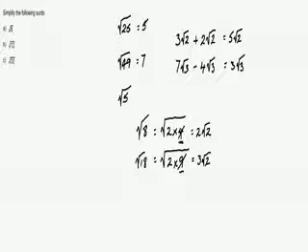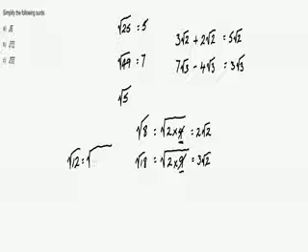Okay, so if we looked at this one, root 12, that will be the same as the root of something times something. So one of those somethings needs to be a square number. So like 2 times 6 will give me 12. Don't know the root of 2, don't know the root of 6.